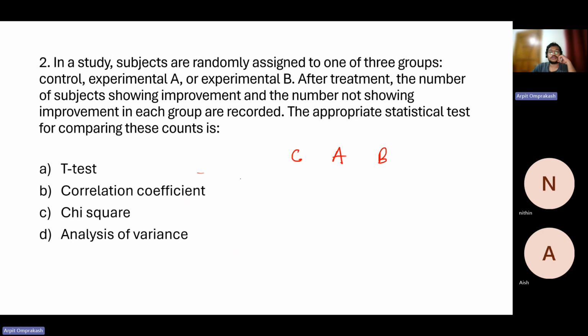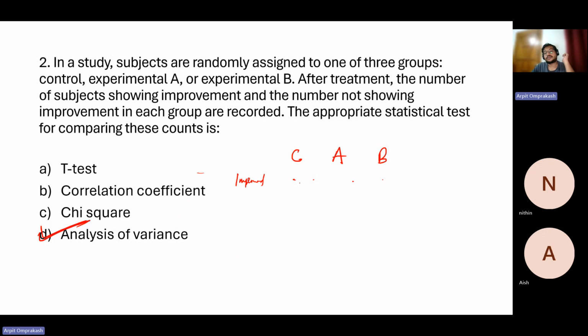So basically, we have improved, not improved, and we have the numbers here for each of these. What we want to do is compare between them. We can do a t-test, but since we have more than two cases, we would have to do multiple t-tests. So in that case, it's better to do analysis of variance, or ANOVA.